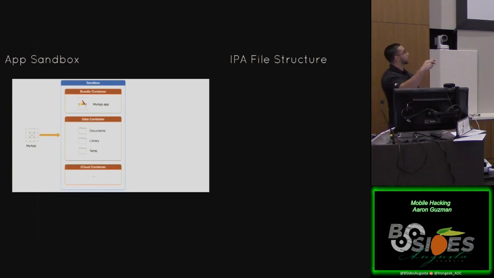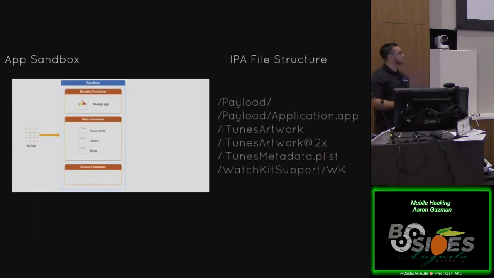But these are all separate, unique directories when the application is installed onto the device. So the file extension for iOS applications ends in IPA, so app.ipa, and again, they're zip files as well, so rename it to a zip. And here's kind of the basic structure.